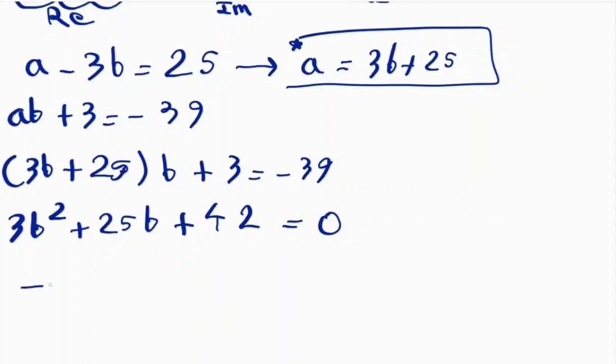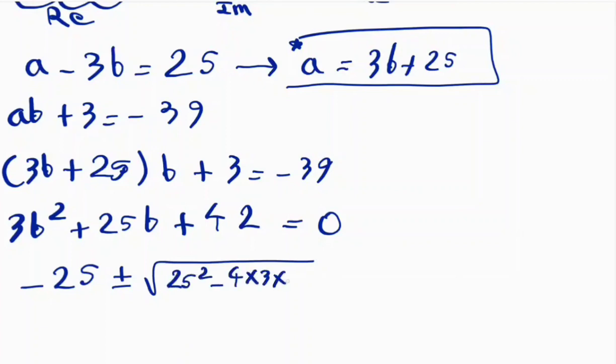So minus 25 plus or minus the square root of 25 squared minus 4 times 3 times 42, divided by 6. So under the square root we get 121, and the square root of 121 is 11.